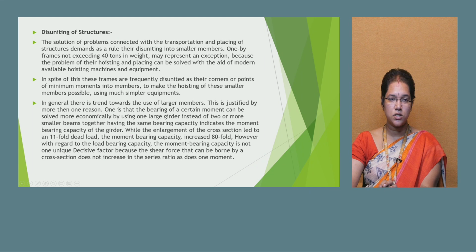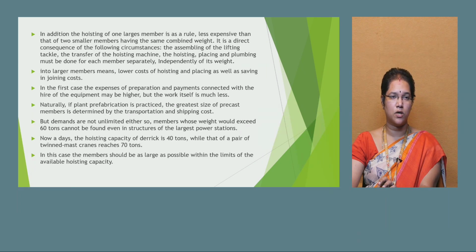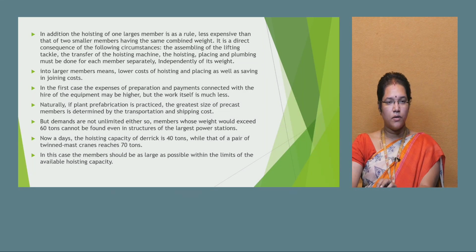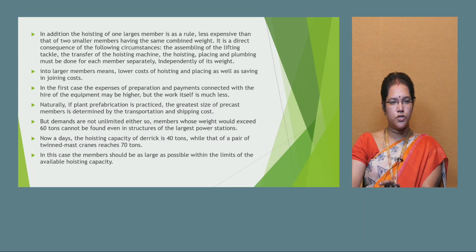So we have to consider the distinction based on the structures, in what way you are going to consider. For frames, how many tons they are able to resist, and for large members, how to resist when undergoing more loading conditions, and also the maximum capacity of the equipment.